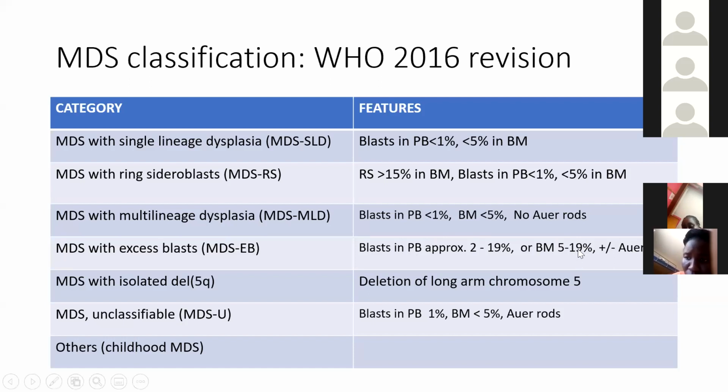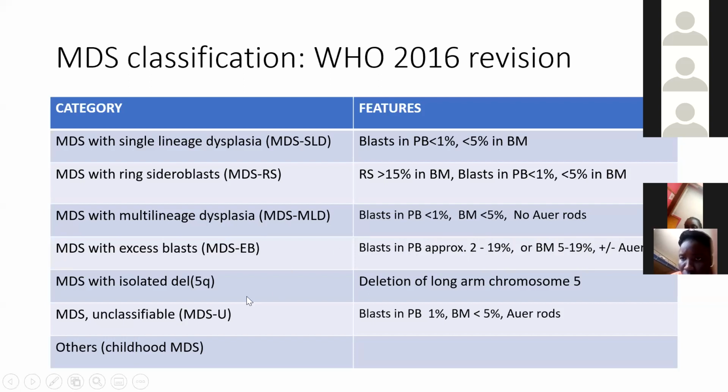When you hit 20% blasts, if you remember, that now becomes your diagnosis of acute leukemia. In this case, there may be or may not be Auer rods present, okay? Again, you have more blasts in the peripheral blood of 2 to 19%.